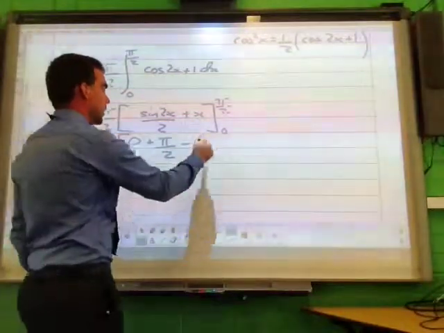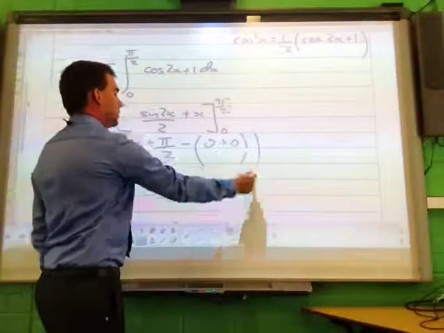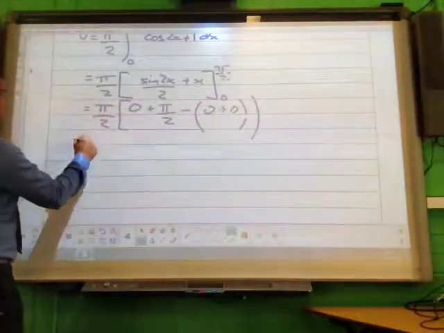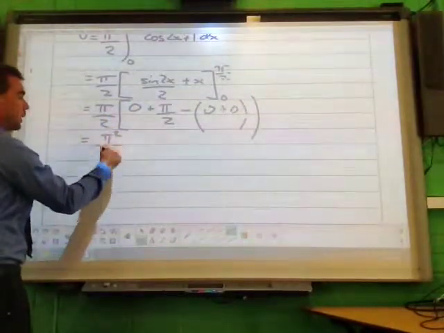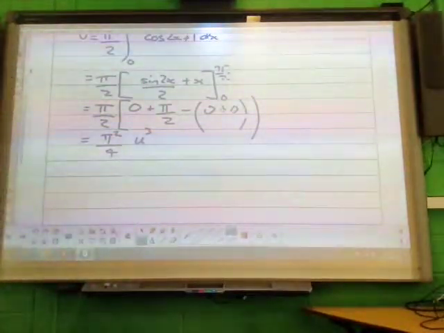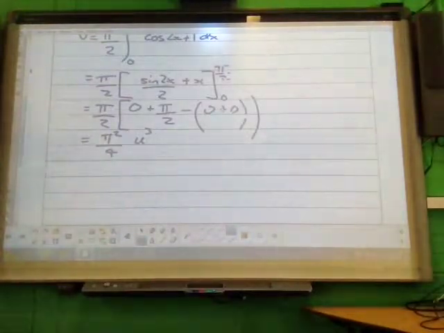The overall result is going to be 0. Okay, so we're getting pi on 2 times pi on 2. So pi squared on 4 units cubed. Okay, any question?